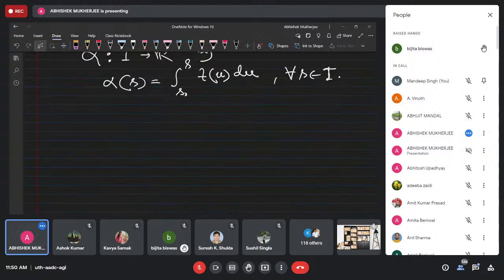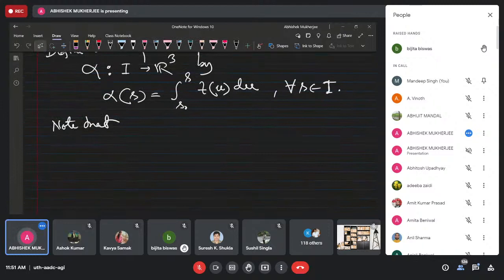And then by the fundamental theorem of integral calculus, you can easily say that, so note that your alpha dashed s is T(s).